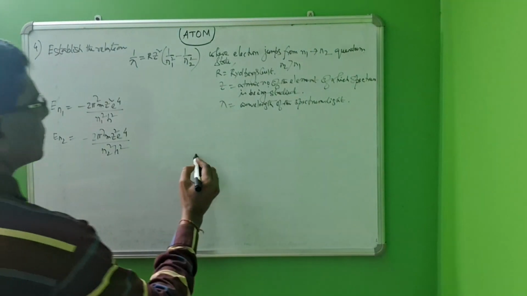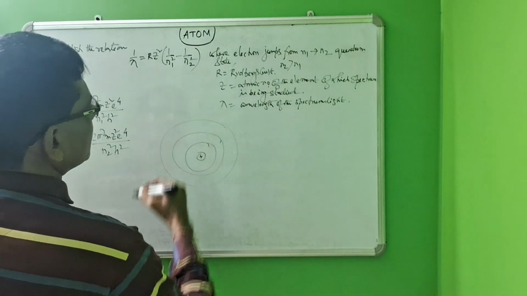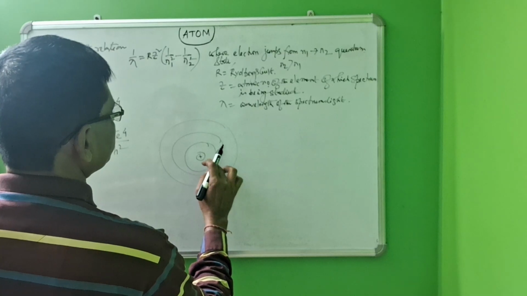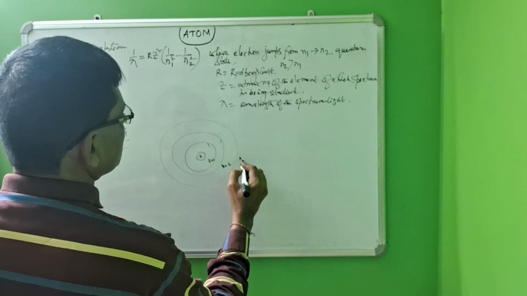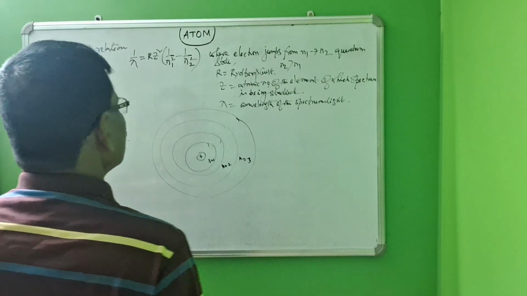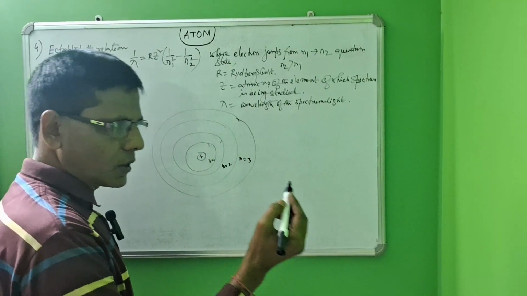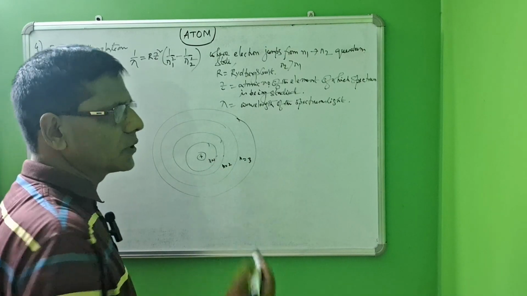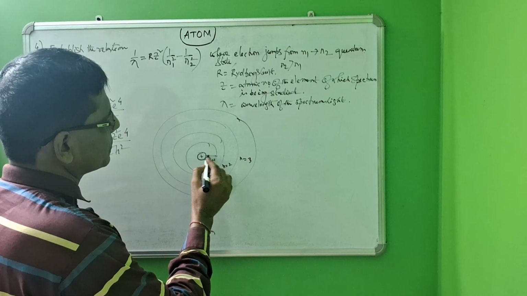So we know from this, suppose this is the nucleus, this is n equals 1, n equals 2, n equals 3, in this way. So we can easily understand that when an electron jumps from this orbit to this orbit, energy will be liberated, because the nucleus is the closest.